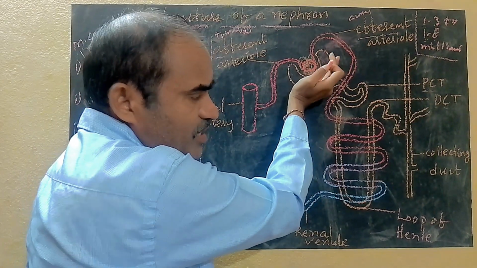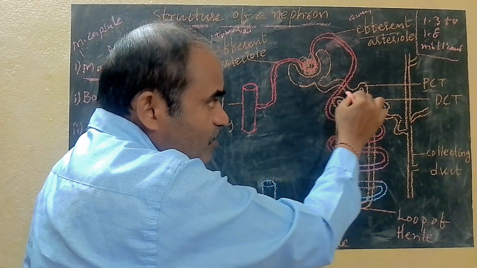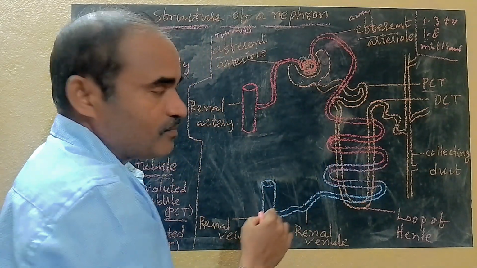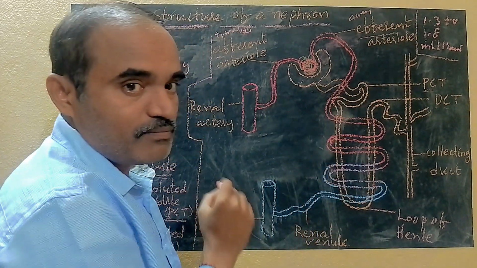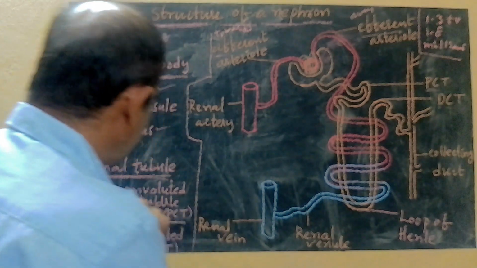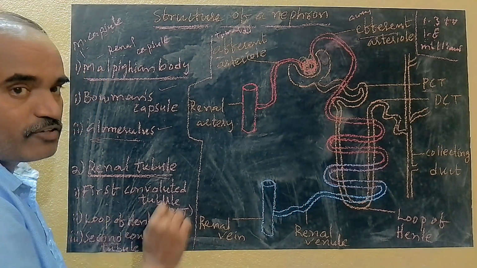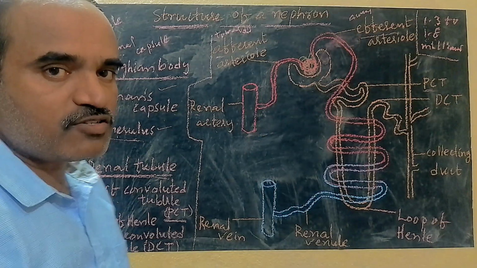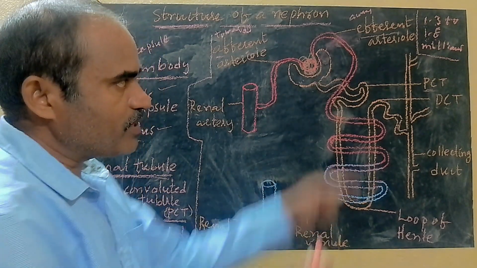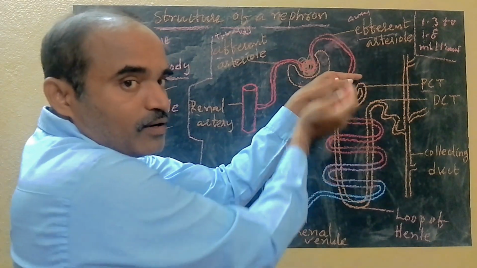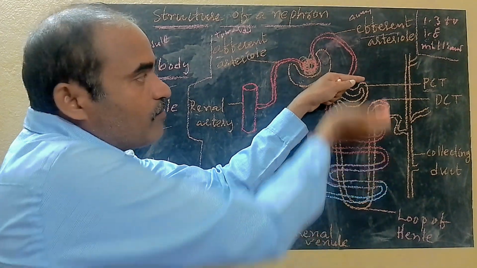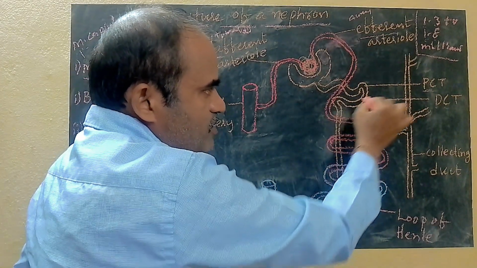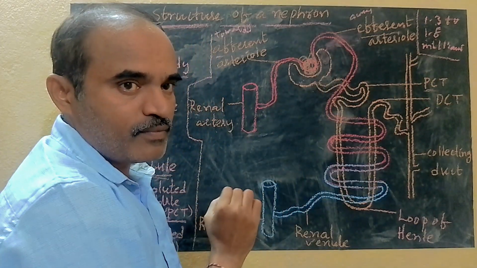After the Malpighian body, the first coil-shaped structure is called the PCT, the proximal convoluted tubule.